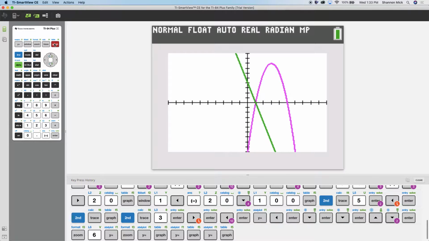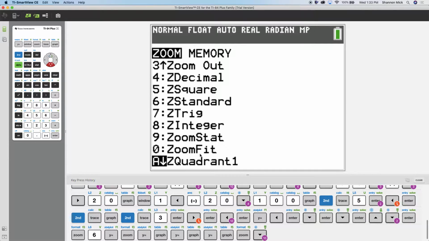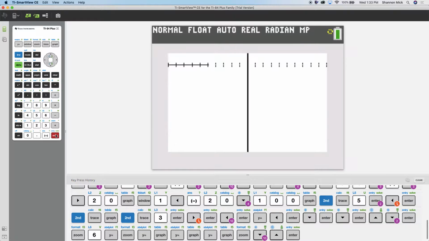If we don't know where to go from there, if you hit zoom and you hit down arrow, you see the fit? And you hit zoom fit and hit enter, the calculator will kind of pick a window. Now, I don't think I needed to see that much.